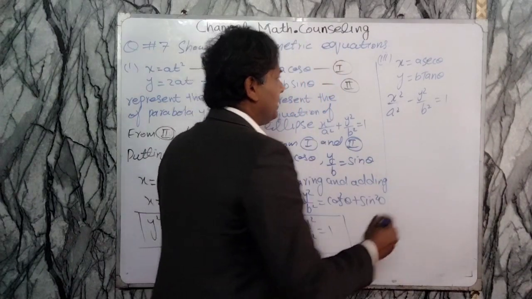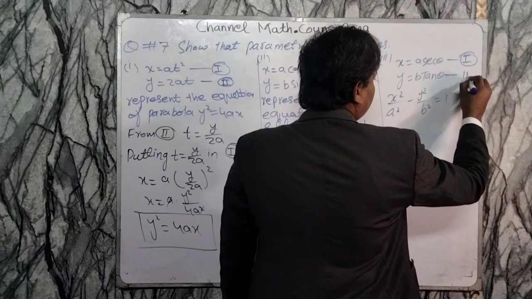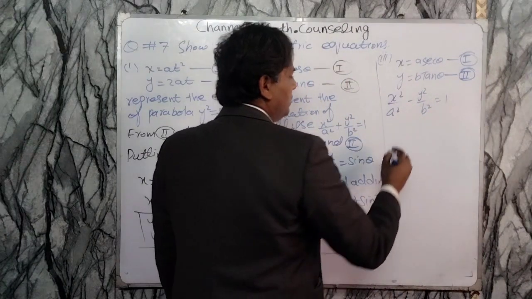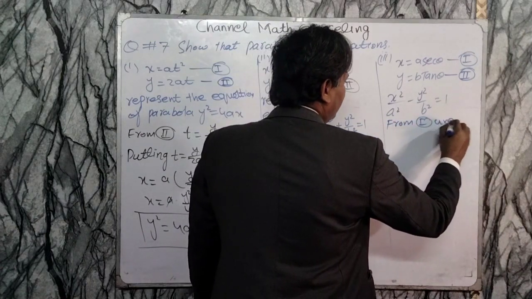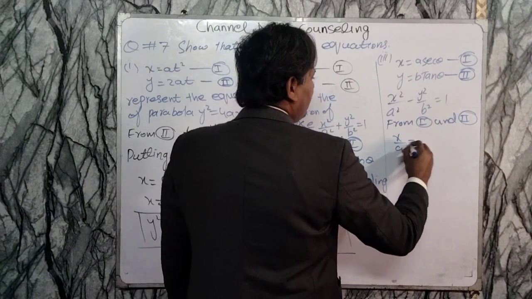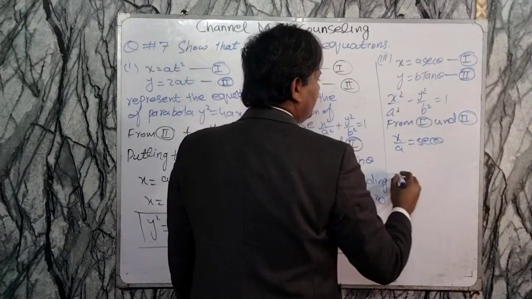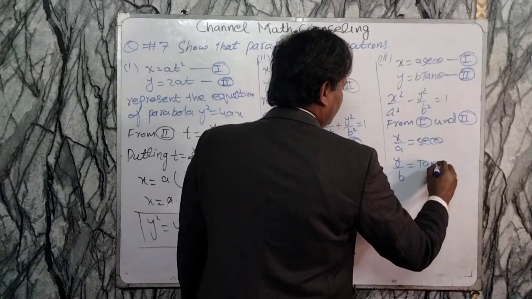So by using 1 and 2, I am going to give the name equation number 1 and equation number 2. So from equation number 1 and 2, that will be x over a equals secant theta, and second one y over b equals tan theta.